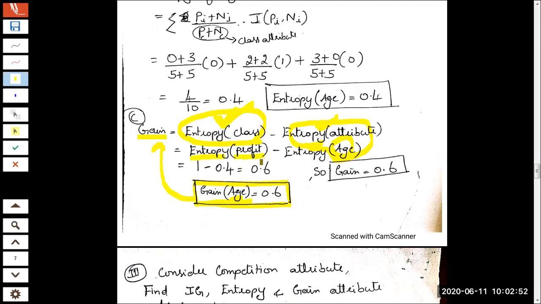Profit has been identified as two classes: higher profit indicated by up and low profit indicated by down. Minus the entropy of age, because this is the attribute in question. We'll do the same for the others also. For competition, we will take the entropy of class minus the entropy of competition. In the third instance, we will take the entropy of profit minus the entropy of the third one, which is the type. We will do all of these.